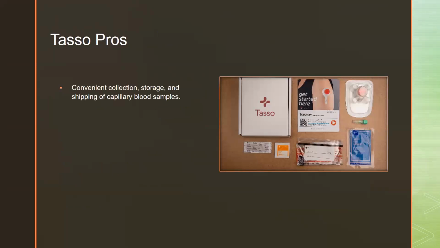They also are very convenient. They send you pretty much the whole shipping package. More importantly, participants can easily collect it on their own. Not to say that they couldn't do a finger prick, but just think of whether or not you can trust them to dry the finger prick for 4 hours, that it's not going to get set on a counter and someone spills juice or something on it.